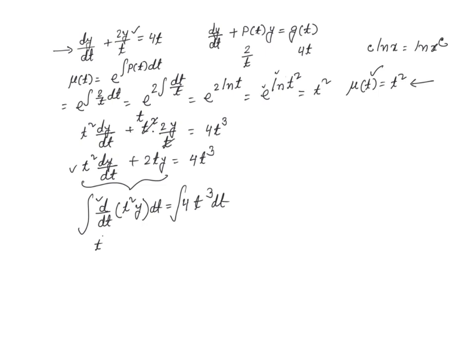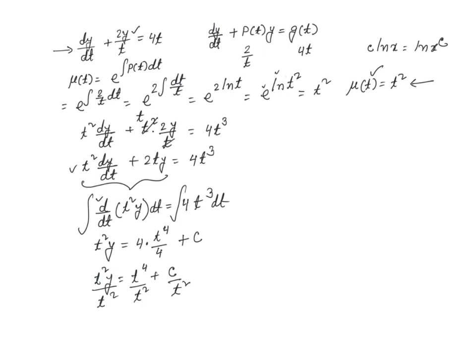That gives you t square y is equal to 4 times the integral of t cube, which is t to the power 3 plus 1, which is 4, divided by 4, plus some arbitrary constant c. So t square y is equal to t to the power 4 plus c.